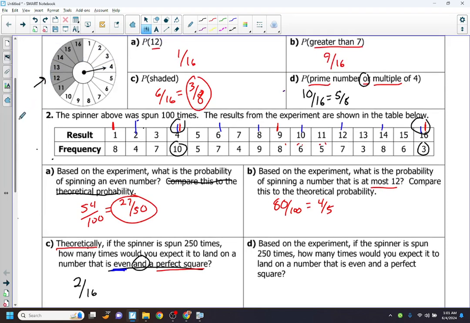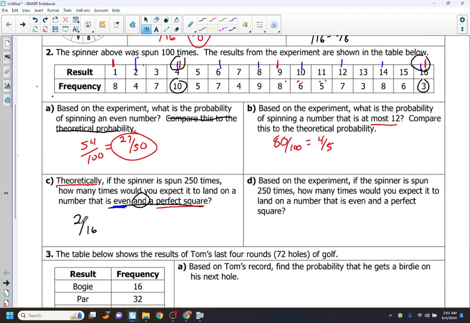So you might want to just look at this part. 2 out of 16, and I'm going to times it by how many times I spun it, which is 250. So 2 divided by 16 times 250 is about 31 times. It rounds to 31.